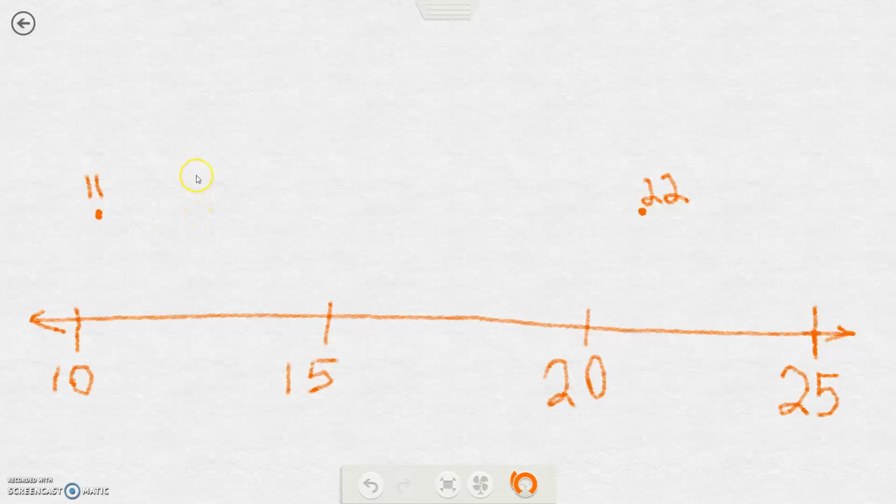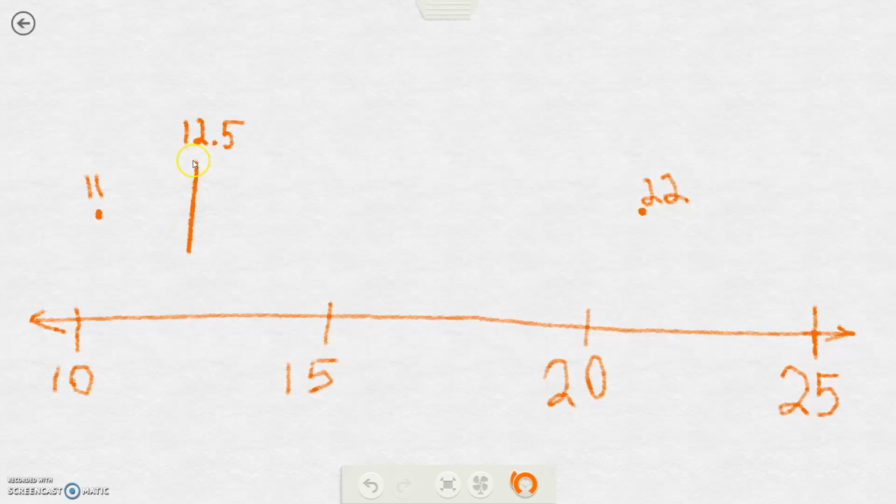So what we're going to do is go here to there. Okay, does that make sense? And then we got to label it again, 12.5.